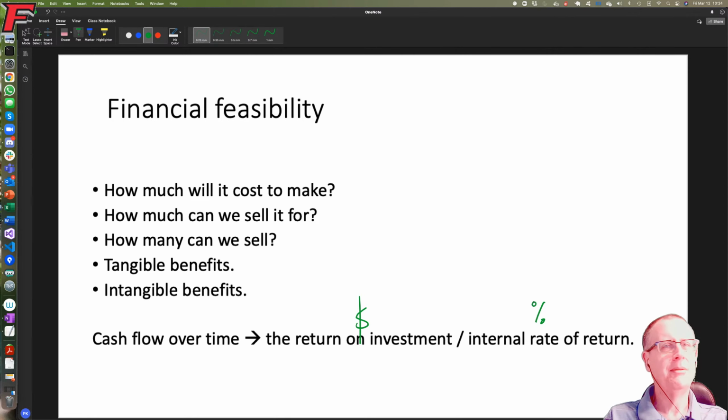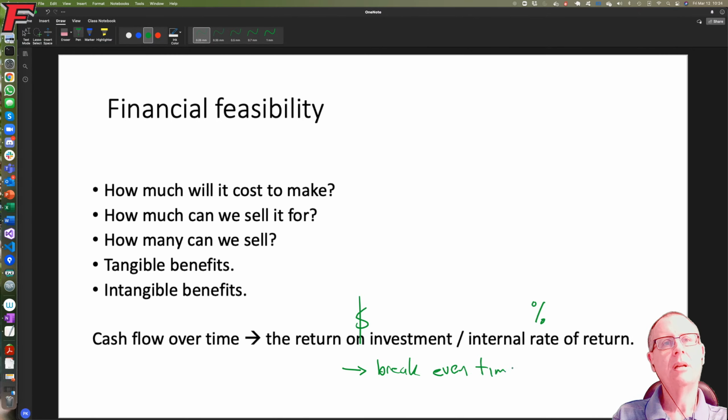The other figure of merit that is sometimes used is a thing called the break-even time. Right, you're going to start the project by spending money or time, and eventually you're going to start selling things.